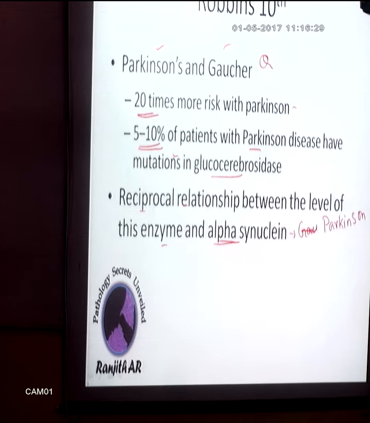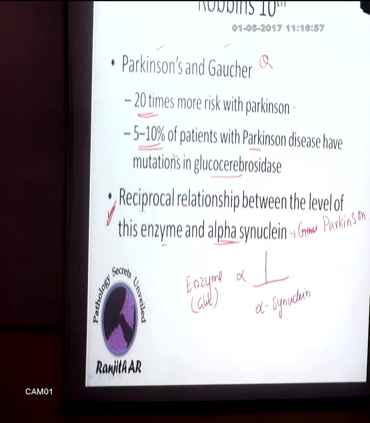Again, what is the use, man? What's the damn use of this? If I don't have a use, I don't read. What's the use? See, this is the use. Reciprocal relation means the glucocerebrosidase enzyme level is inversely proportional to alpha-synuclein, right?